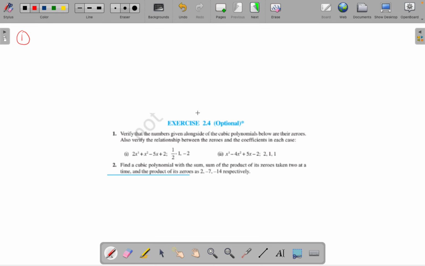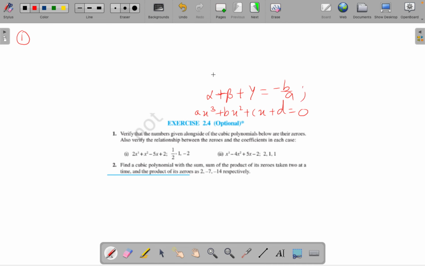Let me just explain. A general cubic polynomial is ax cube plus bx square plus cx plus d equal to 0. This is a standard cubic polynomial, children. And we also know that there are three relations. That is, sum of roots alpha plus beta plus gamma, which is minus b by a, that is the coefficient of x square upon the coefficient of x cube.